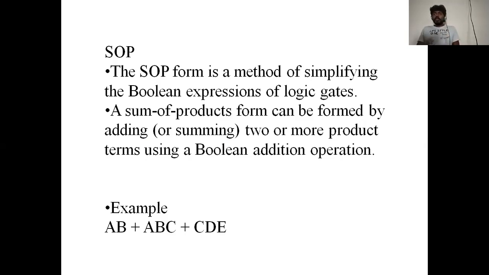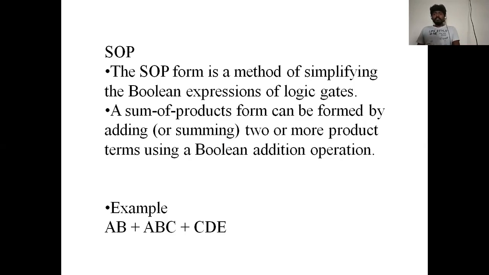Second is the sum of product. You can see there, the sum of product form can be formed by adding two or more product terms, right? Here you can underline that, it can be formed by adding two or more product terms. First of all, in order to form a sum of product, you need a product term, right? See the example there.